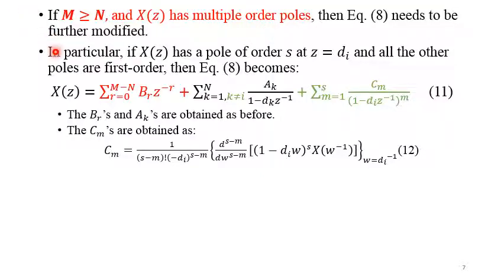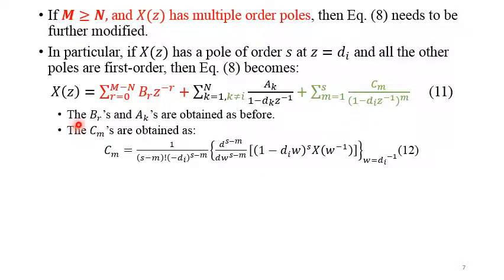In particular, if X of z has a pole of order s at z equal to di, and all other poles are of first order, then we can modify equation 8 as X of z equals the sum over r from 0 up to m minus n of br z to the power minus r, plus the summation over k from 1 up to n, k not equal to i, of ak over 1 minus dk z inverse, plus the summation over m from 1 up to s of cm divided by 1 minus di z inverse to the power m.